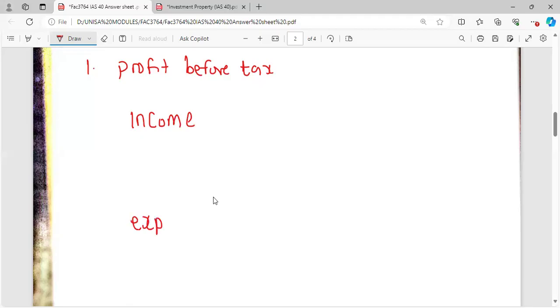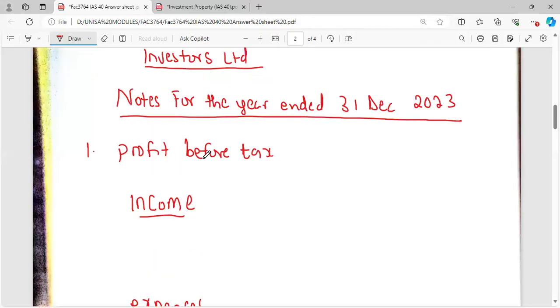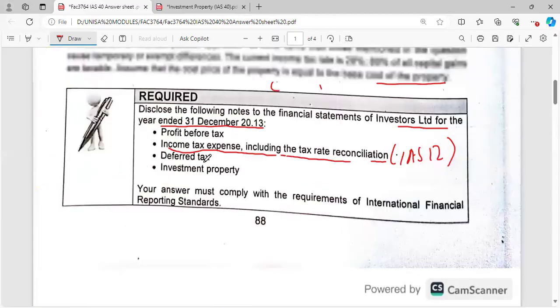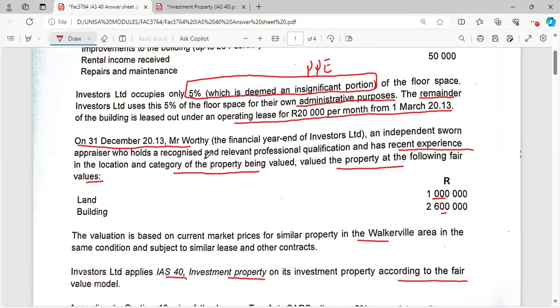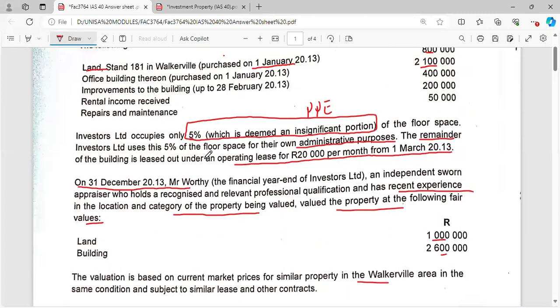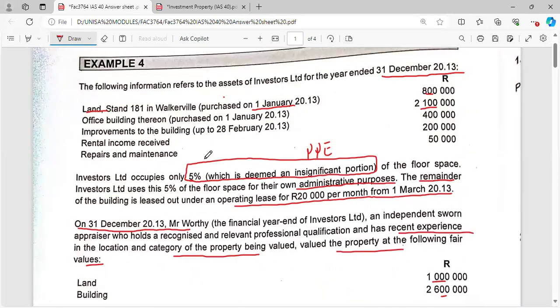You go to your question and look at who is the income and who is the expense. That's basically the only thing that you look at. Who is going to be the income here? The rental income received, am I right? Of 200,000 is going to be income.